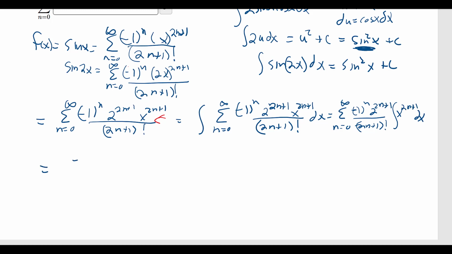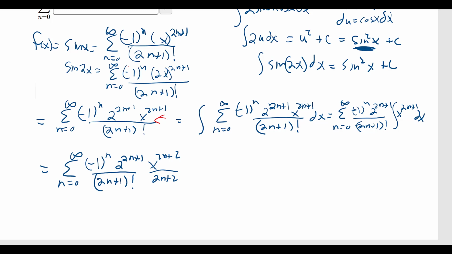And that's going to give us the sum as n goes from 0 to infinity of negative 1 to the n, 2 to the 2n plus 1, x to the 2n plus 2 over 2n plus 2. And I can't forget we were dividing by 2n plus 1 factorial. So this final step is we are going to combine this expression and this expression.